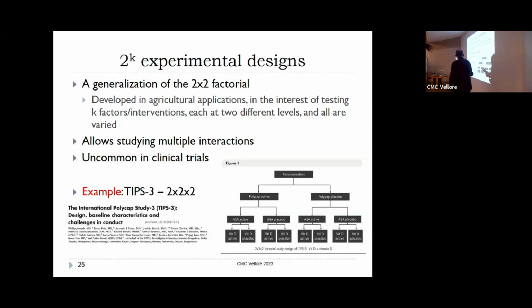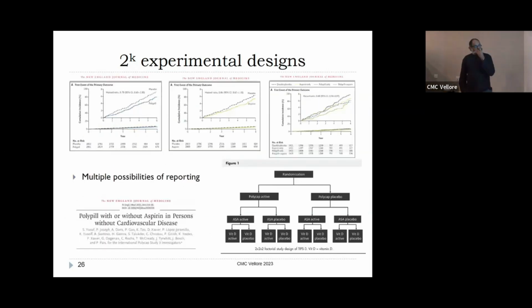And this was just published in the American Heart Journal, and it showed that it was not statistically significant, except for one of those studies, and Dr. Prem Pais from Ames was involved with that. But they had the design of this and showed that it did work. It was marginally significant. And later on in the meta-analysis, they showed that the polycap was very good. But again, the 2 to the K factorial designs are rarely done.